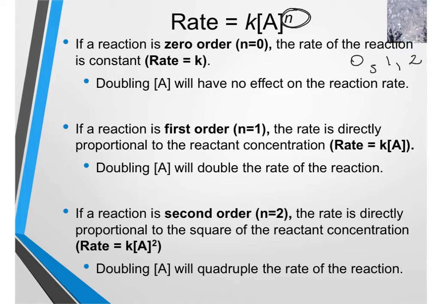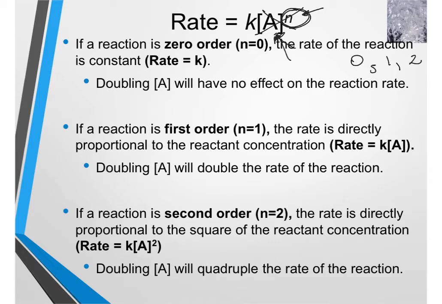And you'll see when we get farther into this chapter the order of the reaction is going to tell you how many of this particular reactant, in this case A, have to collide to get the reaction to occur. So it's pretty rare that you're going to get, for example, 3 or more reactant A's colliding with each other at the same time.